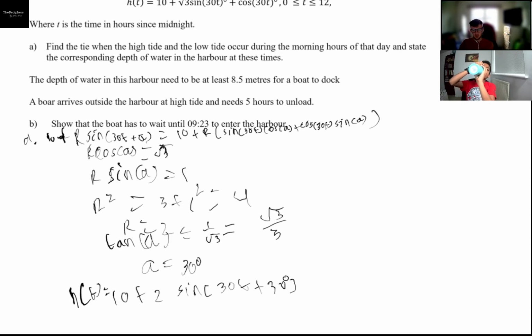So it says find the time for which high tide and low tide occur. Someone said sure in the chat. I don't know when that was. I think that was when we said if you've got any questions, just put them in the chat.